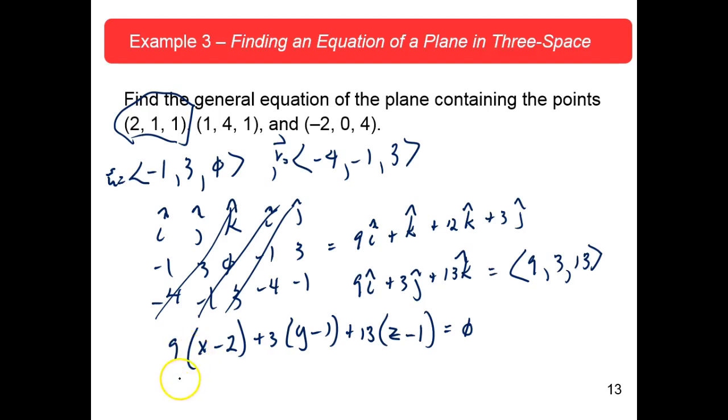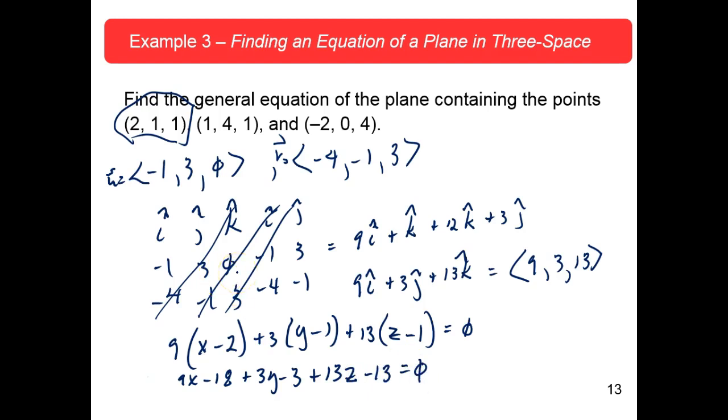And what does that give you? 9x minus 18 plus 3y minus 3, plus 13z minus 13, and that's equal to 0.